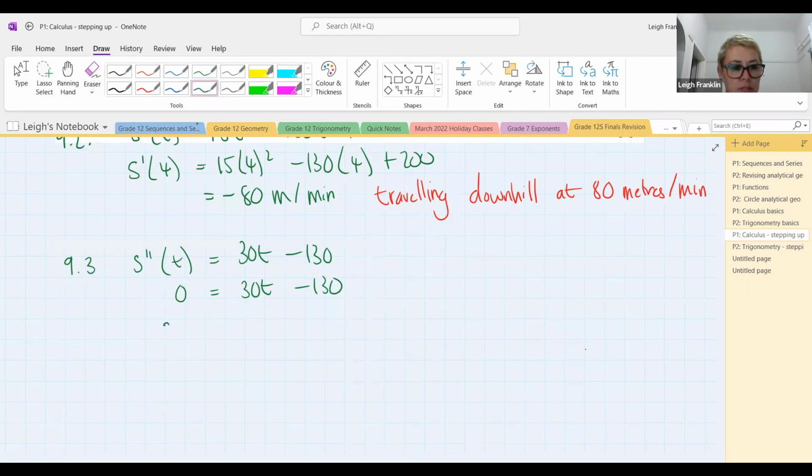So 30t equals 130, which means the time would be equal to 13 over 3, which we could round off to 4,33 minutes.